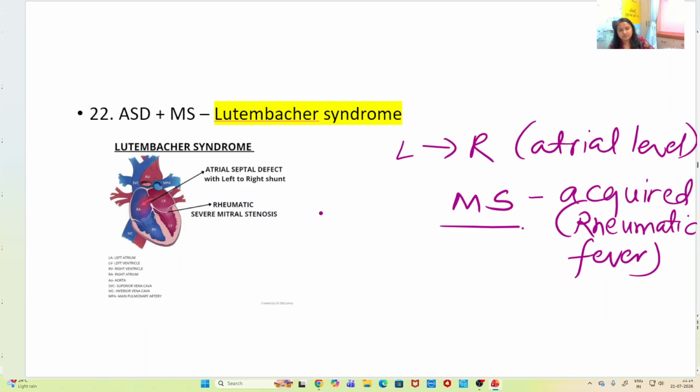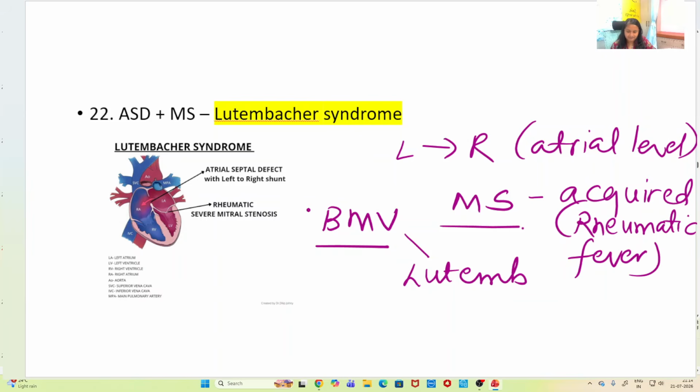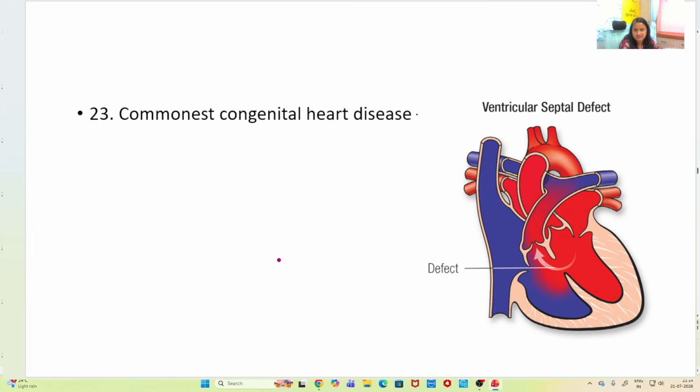Even balloon mitral valvotomy is considered as a component in the Lutembacher spectrum. Any left to right shunt at the atrial level along with mitral stenosis is Lutembacher syndrome.